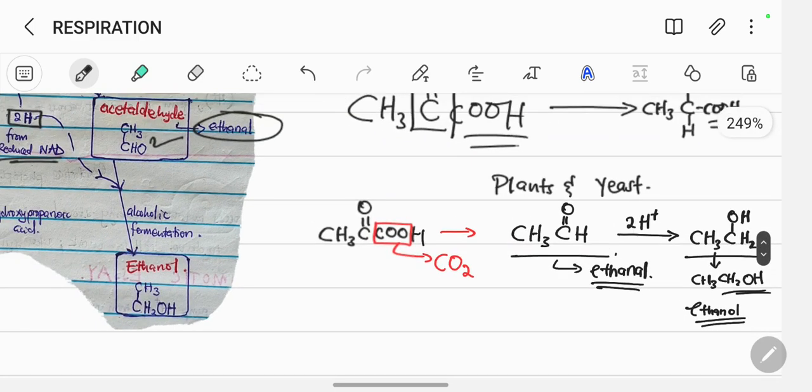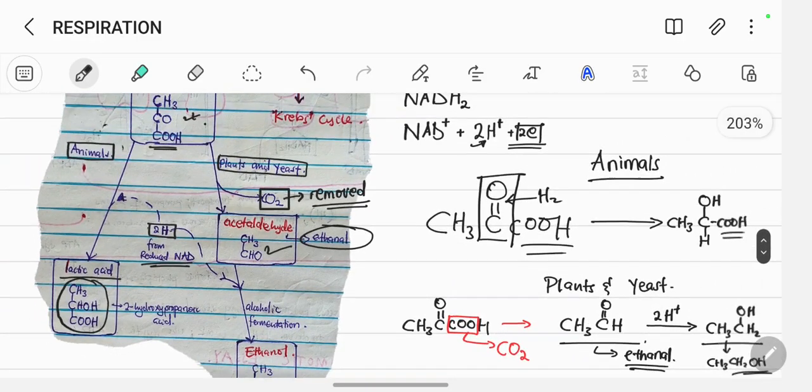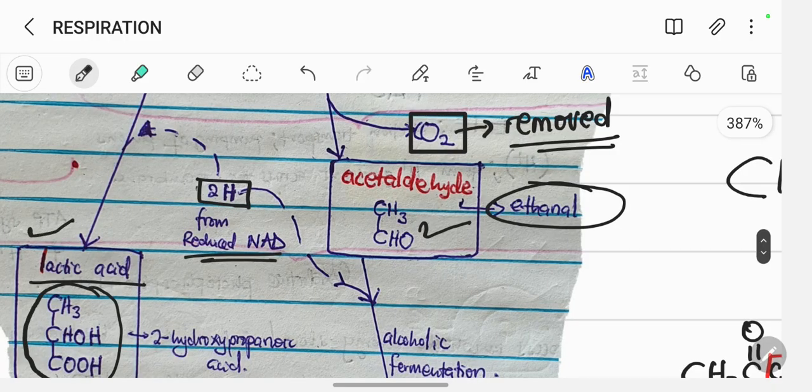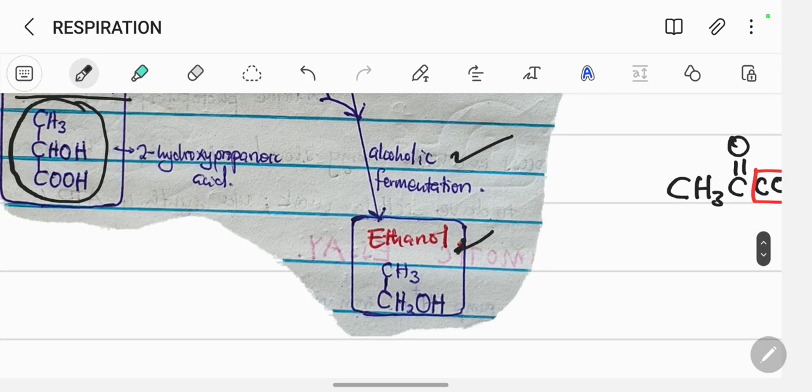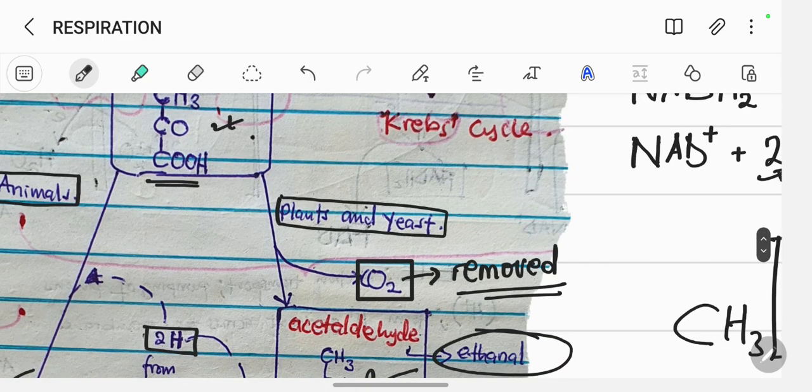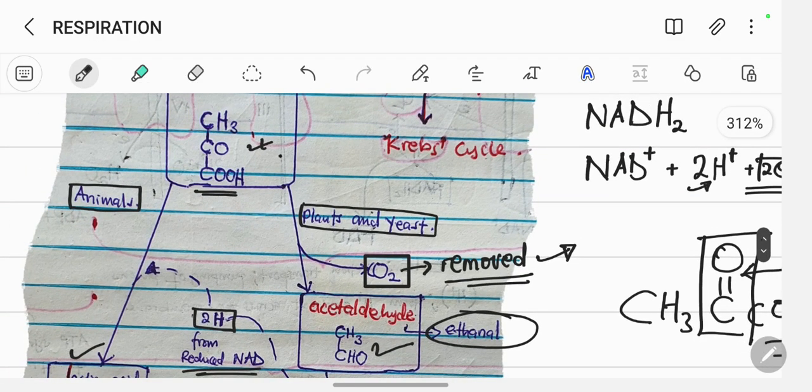This is the reason why, under alcohol fermentation, so this is lactic acid fermentation, and this is alcohol fermentation, alcoholic fermentation, we end up with an alcohol, but usually carbon dioxide is removed from such a process. At least I've explained why that carbon dioxide is always seen there as a lost carbon dioxide molecule.